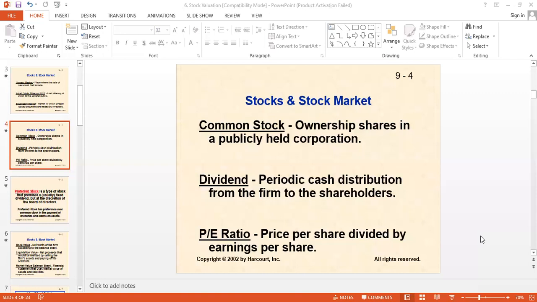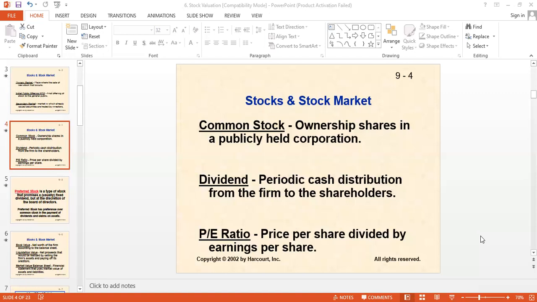Next, we have the PE ratio. P stands for price, not Pakistan. P stands for price, and E stands for earnings. E for elephant. E stands for earnings. So P means price, E means earnings. PE ratio means price earning ratio.